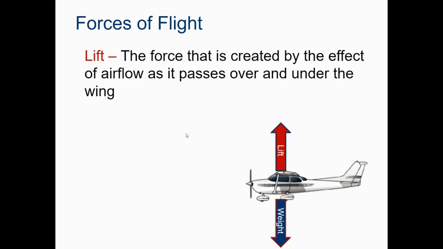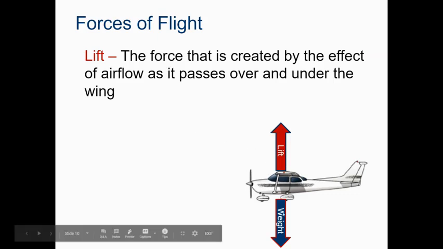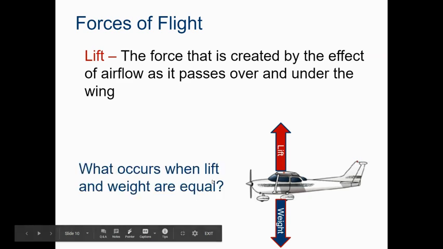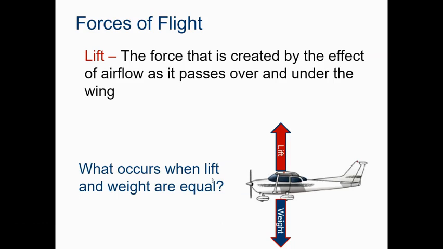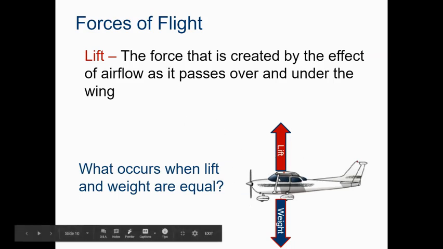We'll talk more about lift later. But for now, know that the force of lift keeps our aircraft from accelerating downward. As long as we have that tug of war, that equilibrium, our plane does not dip up and down. It stays at the same altitude, which is nice.